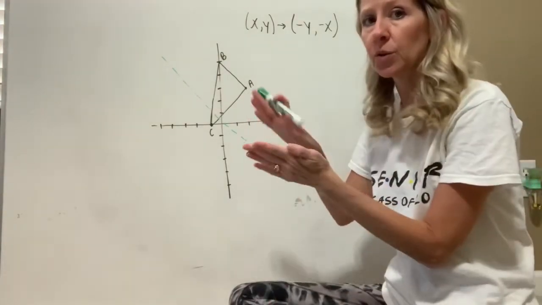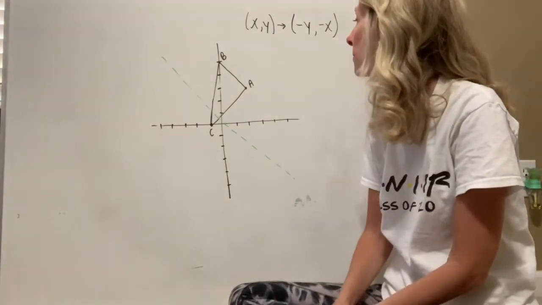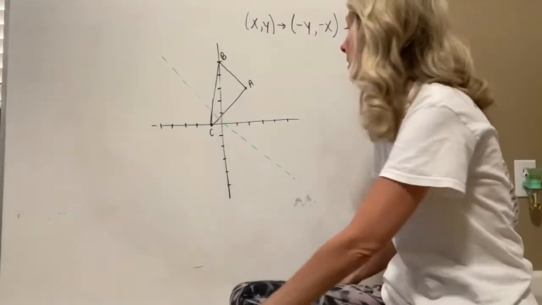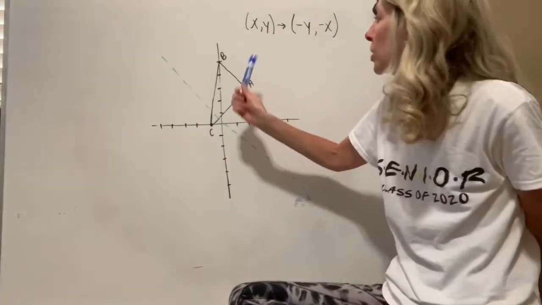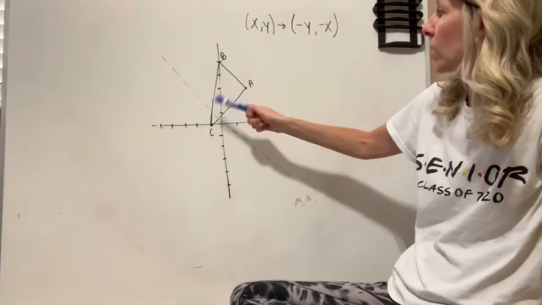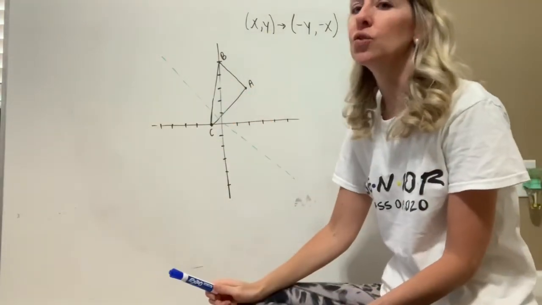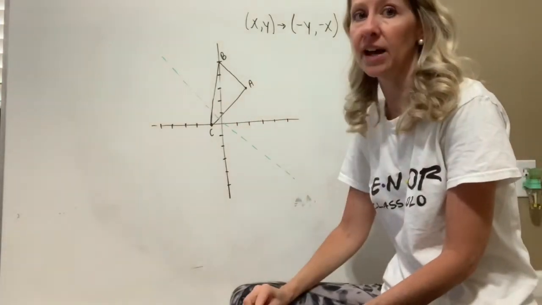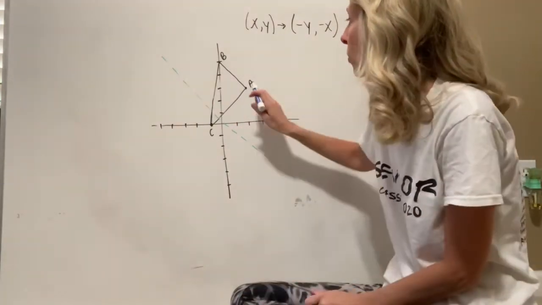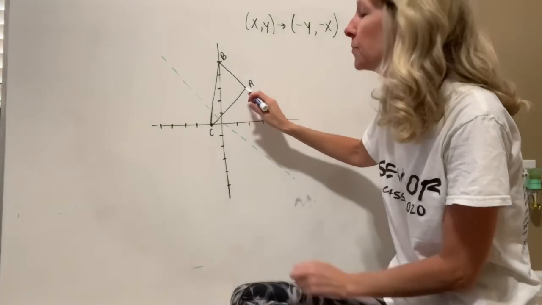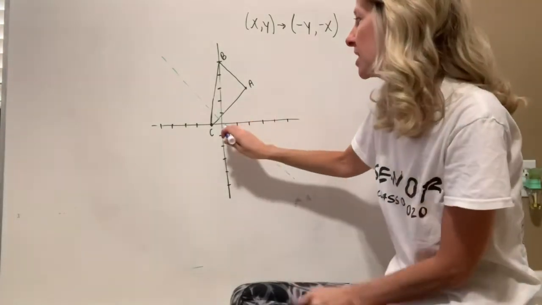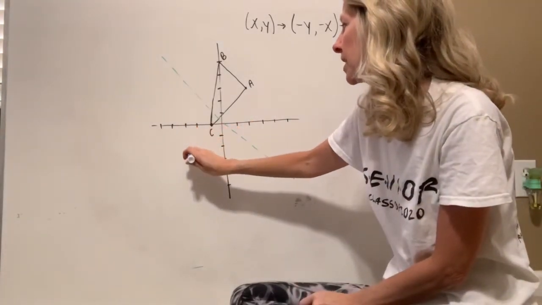And so now that's what we're going to reflect on, so that's what we're going to fold on. If you scroll back up to the top, you'll see that when you reflect on y equals negative x, the point x, y will change to the point negative y, negative x. And so this point that was 2, 3, when you flip it and change the sign, it becomes negative 3, negative 2.